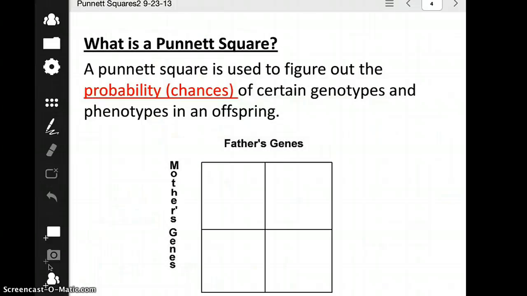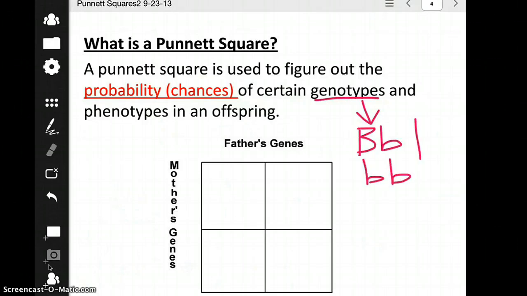Now, what is a Punnett square? A Punnett square is used to figure out the probability or the chances of certain genotypes and phenotypes in an offspring. Now, do you remember that a genotype is a 2-letter code? For example, big B, little b, big B, big B. These are all examples of genotypes. They're just a code letter, okay?